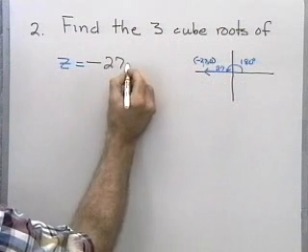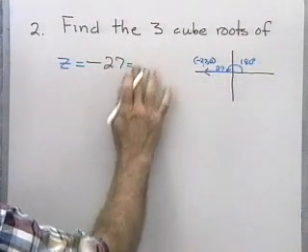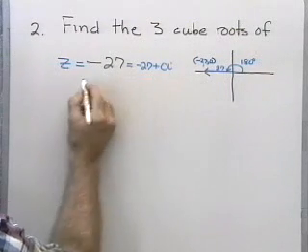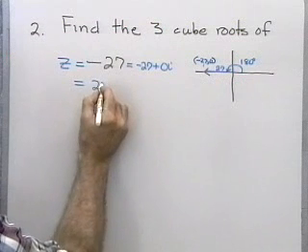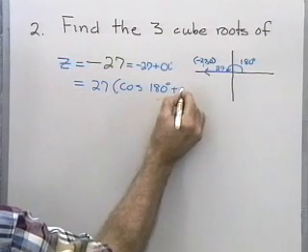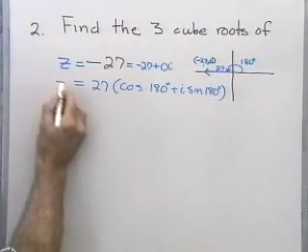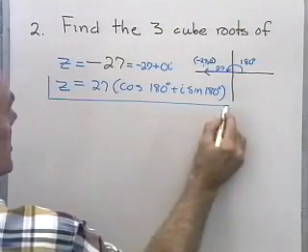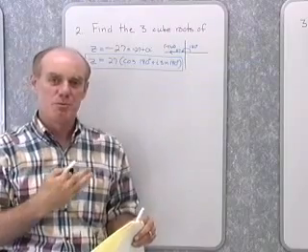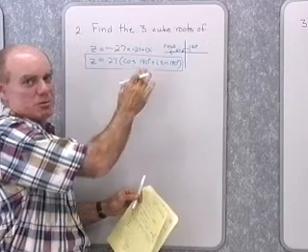In standard or algebraic form, it's negative 27 plus 0i. In trigonometric form, it's going to be 27 times cosine of 180 plus i sine of 180. So that's my complex number z in trigonometric form, and what I want to do is find the 3 cube roots of z.